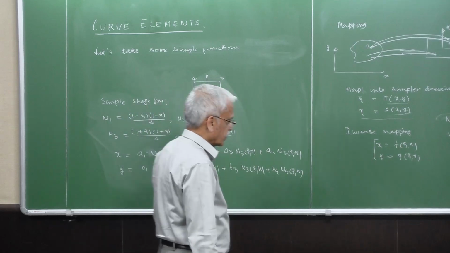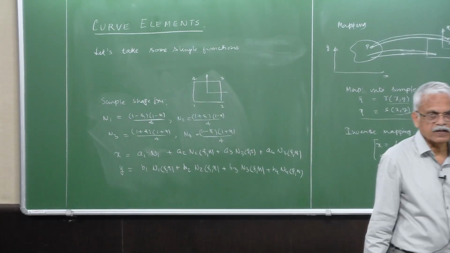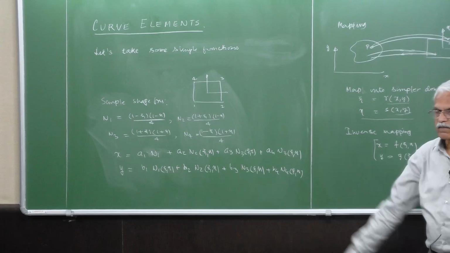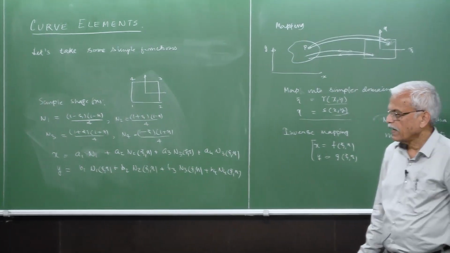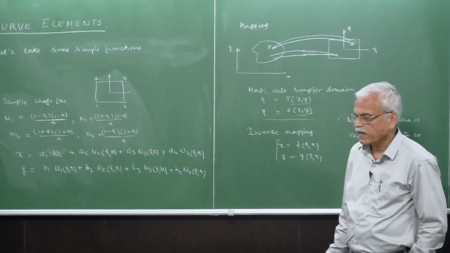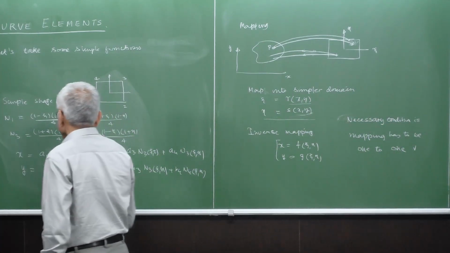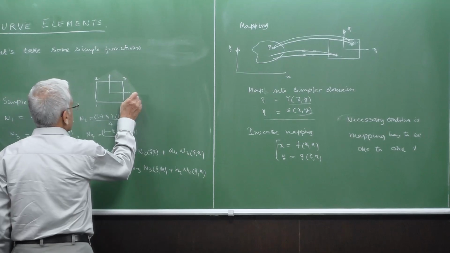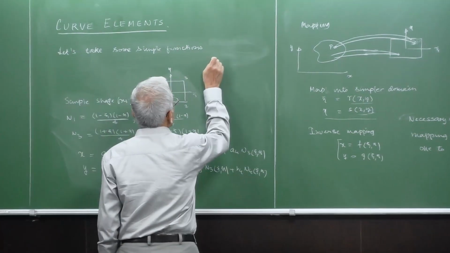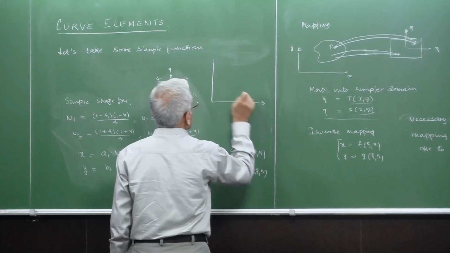Okay, so I've written the 4 shape functions, and we know what n1, n2, n3, n4 are. So let us examine what kind of mappings this represents. So this is 4 nodes in xi eta. So where will it go in the xy?